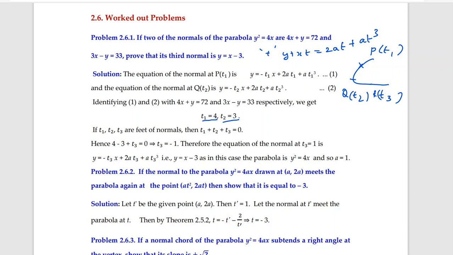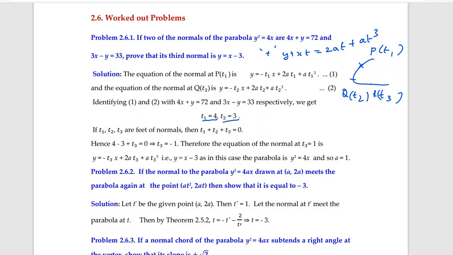Once we consider this equation, three roots are there. Sum of the roots, because there is no t square term, we get 0. So of the three we know two, so substituting that we have t3 to be equal to minus 1.